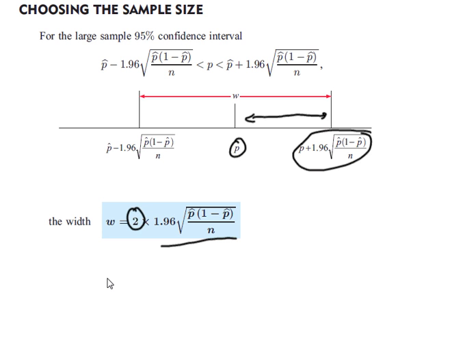A thing to remember here is that the width will be a percentage, and therefore if we were to say 4%, we'd enter 0.04, not the actual number 4, so be careful with W.